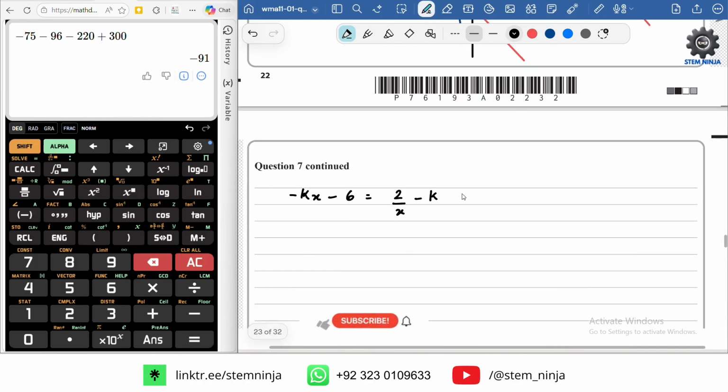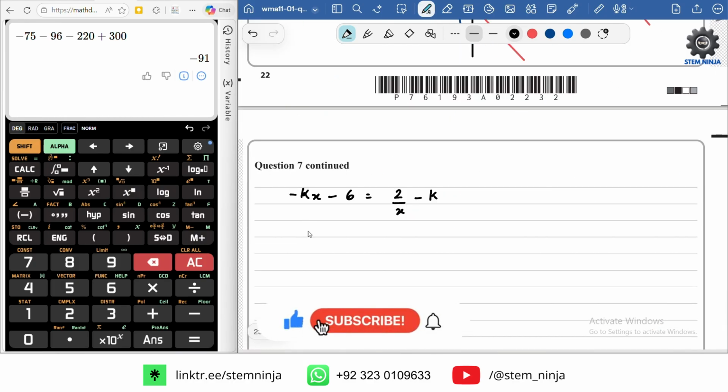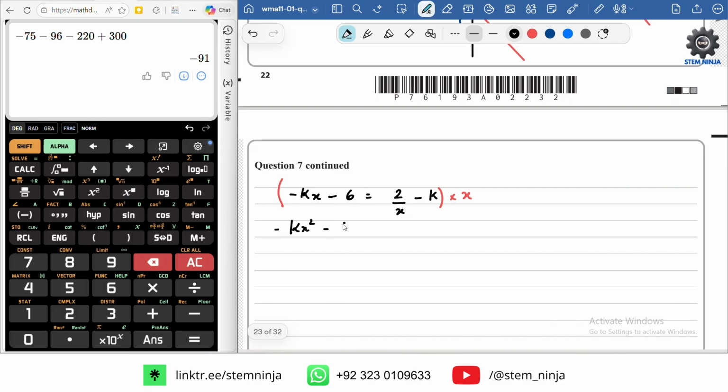Write this. Okay, so we multiply both sides by x. This gives us minus kx squared minus 6x equals 2 minus kx.